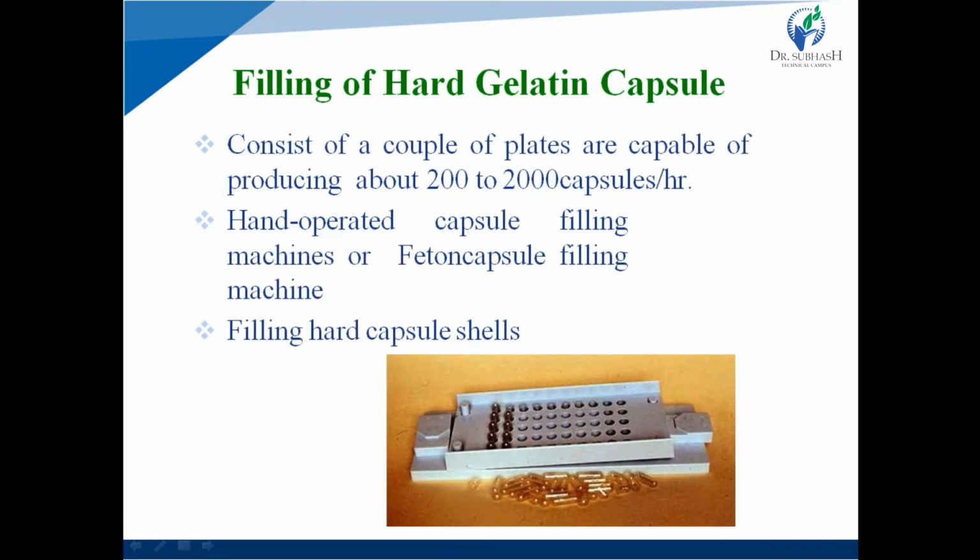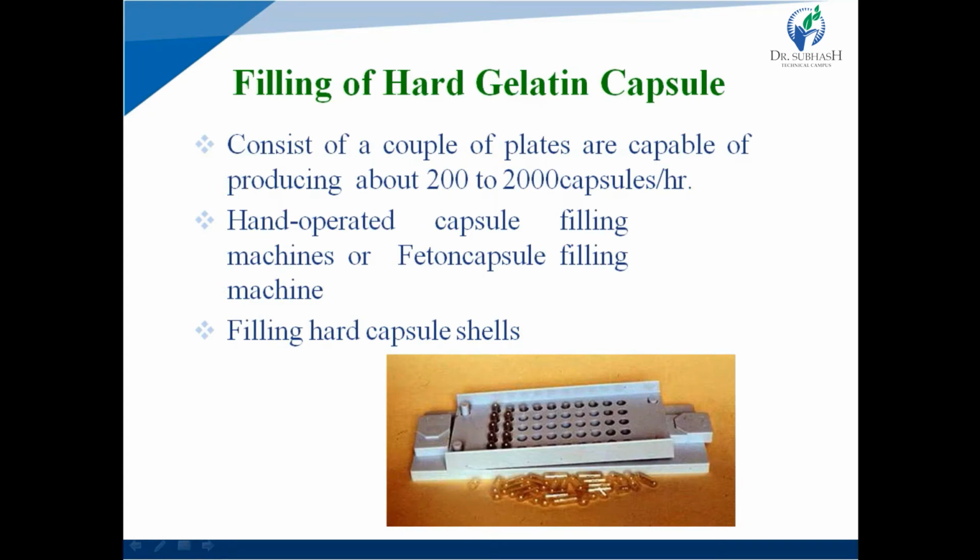Filling of hard gelatin capsules: the machine figure is available here. In the first point, a machine consisting of a couple of plates is capable of producing about 200 to 2000 capsules per hour.